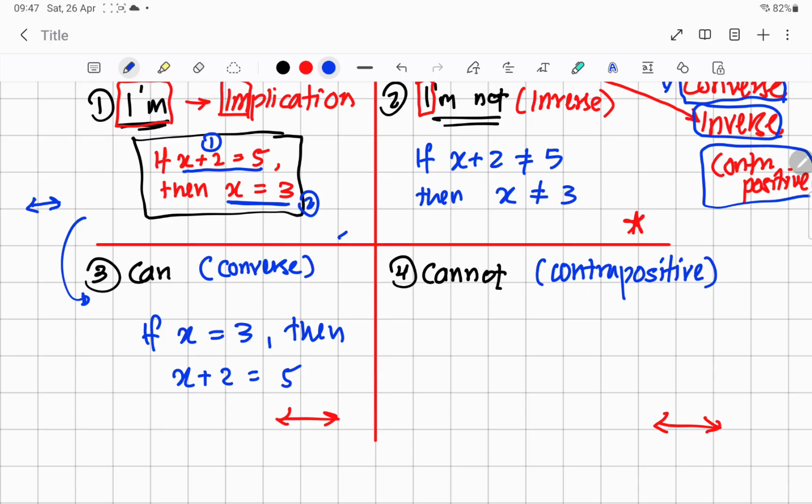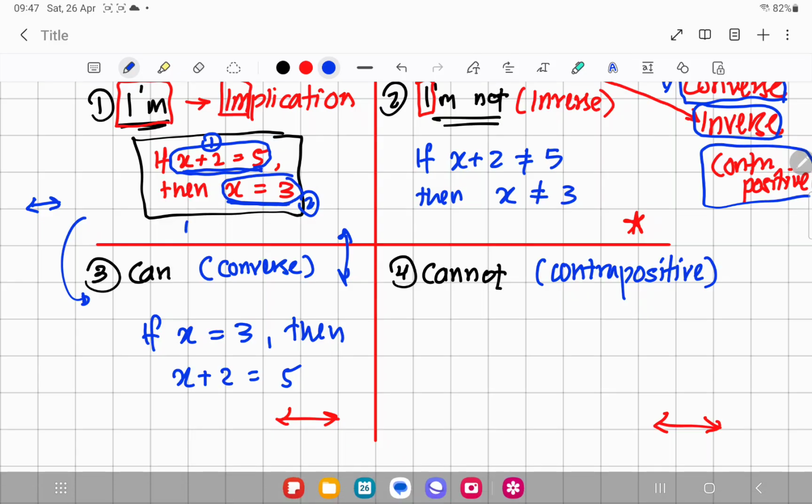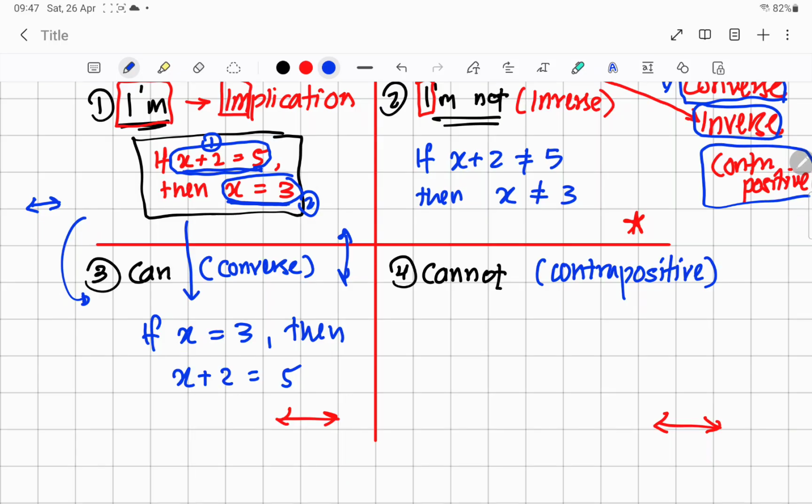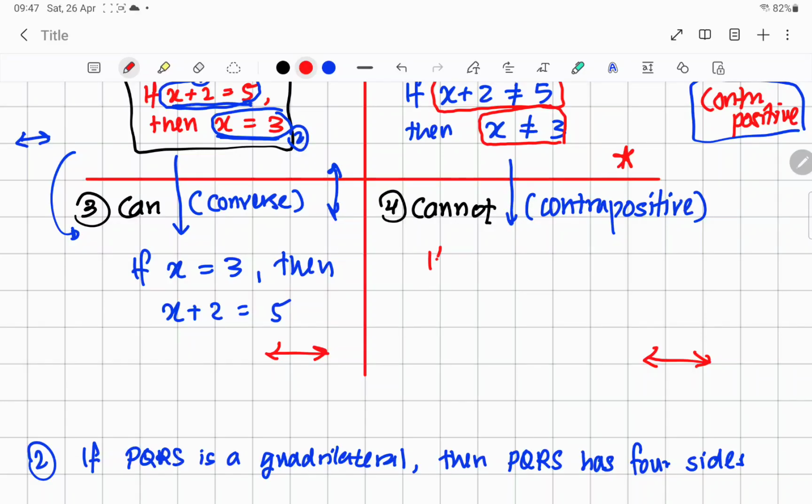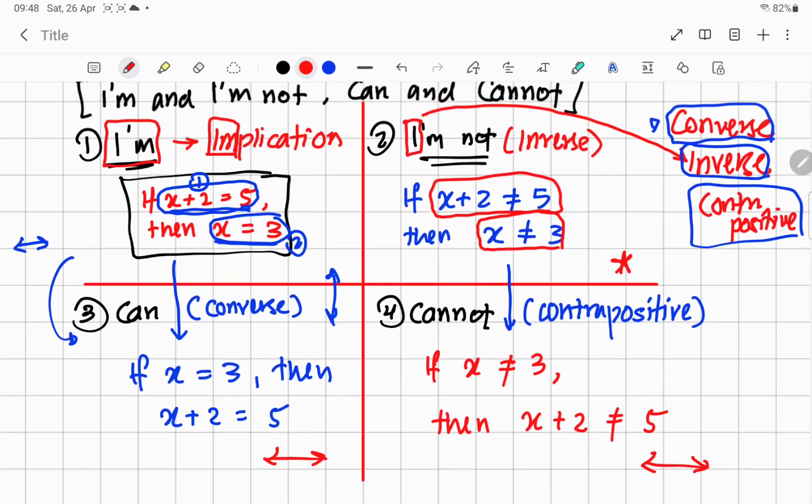You just reverse the statement to get your answer. The same goes for the contrapositive. You also need to reverse the statement. So if x not equal to 3, then x plus 2 not equals to 5.